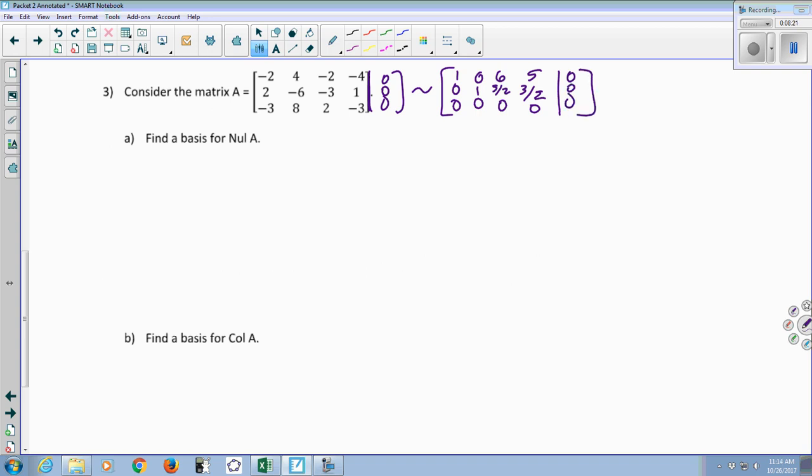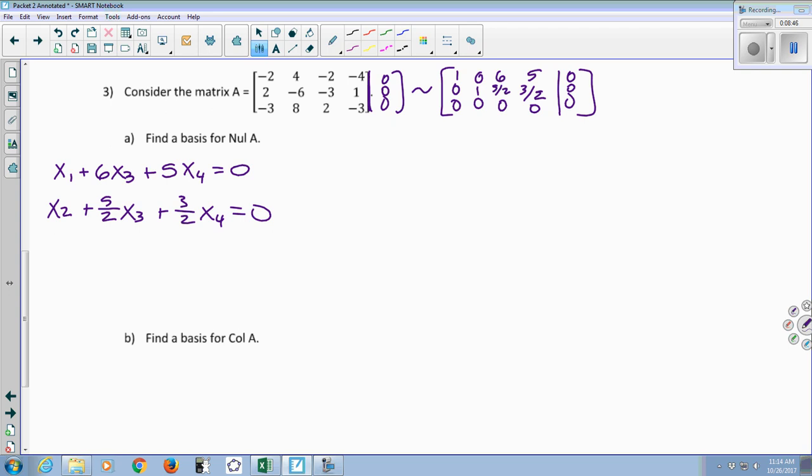So if I translate this to equations, it says x1 plus 6x3 plus 5x4 is 0. And x2 plus 5 halves x3 plus 3 halves x4 is 0. And then my bottom row is just 0, so I don't have to write that down.